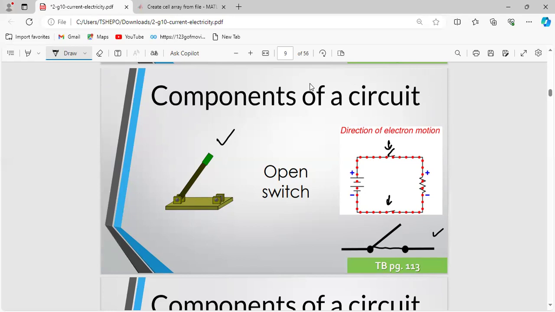We know that the electric current will flow from the positive terminal, go through the resistor. Look, this is a resistor. It will go through the resistor and go back to the negative terminal of the battery if the switch is closed. But when it's open, there won't be a flow of electric current inside of this circuit.